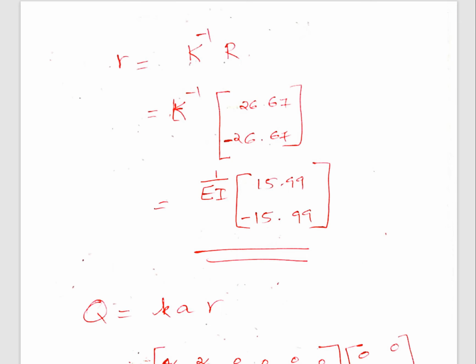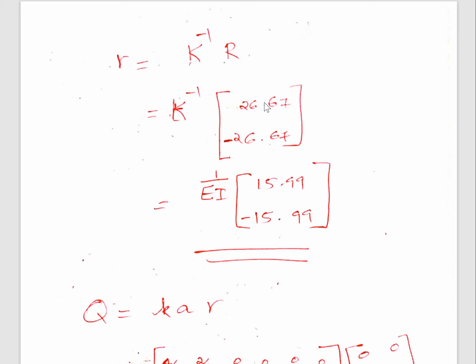After finding the total stiffness matrix K for the frame, we can find small r, which is nothing but the system displacement matrix. Small r is equal to K inverse into capital R. So find the capital K inverse and multiply with R, which is nothing but the system forces.